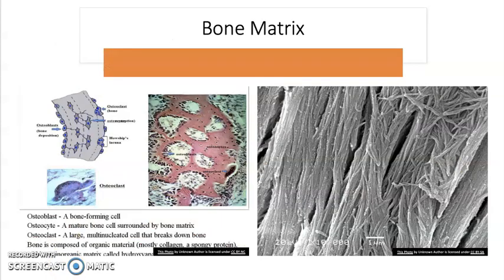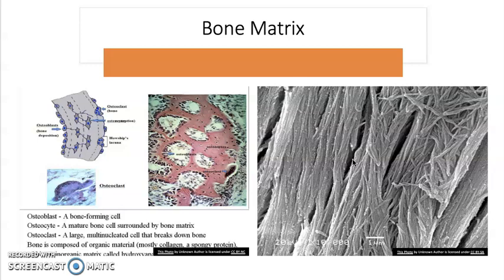The extracellular matrix of bone is largely formed by collagen fibers and inorganic salts. Collagen gives bone resilience. Inorganic salts make bone hard. About 70% of bone matrix consists of inorganic mineral salts.